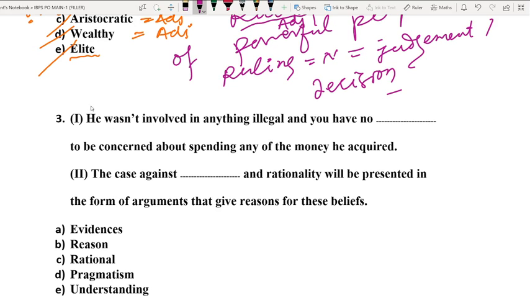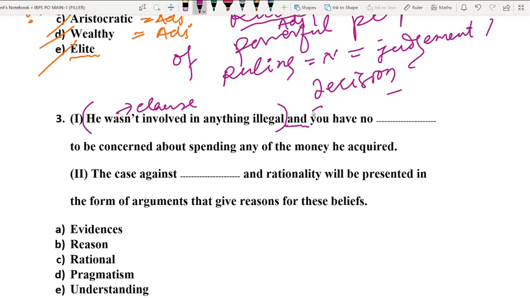Let me tell you here, he was not involved in anything illegal. As you can see, from this part to this part, it's a clause. It is joined by the coordinate conjunction and. You must be knowing that and, or, yet, nor function as coordinate conjunctions. Simply they join two sentences or two words of the same stature or significance or importance.